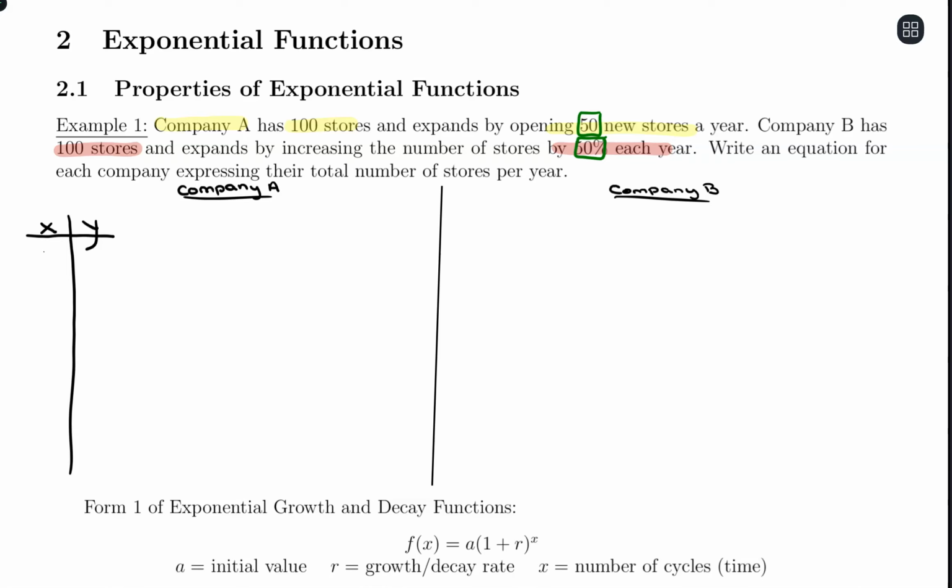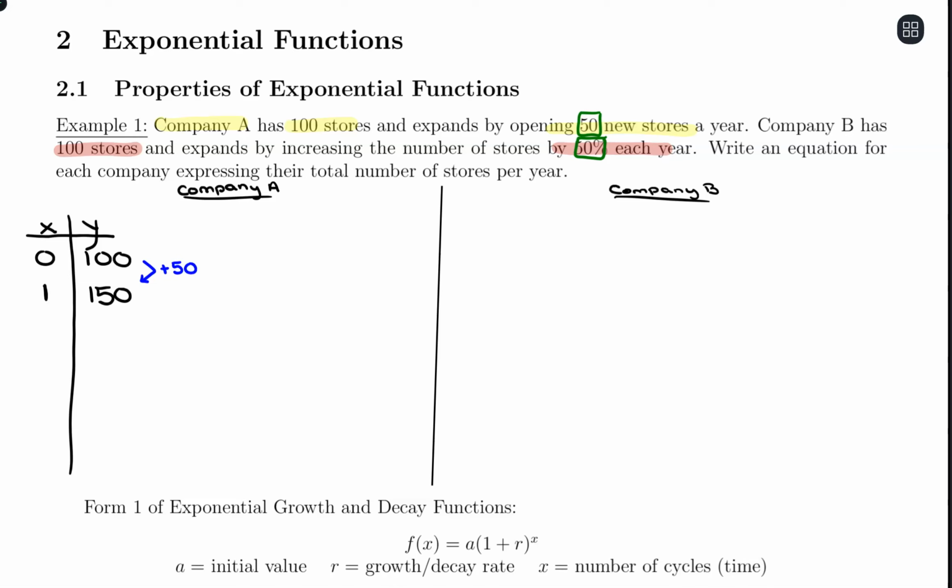So in year 0, company A had 100 stores. Then it's increasing by 50 stores each year. So in year 1, we would have 150. The change that I used there was just adding 50.